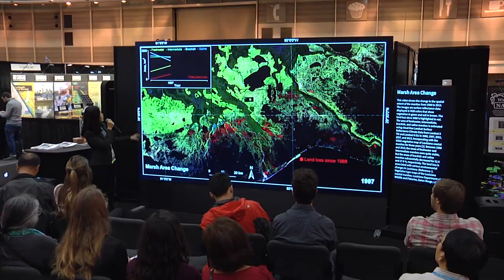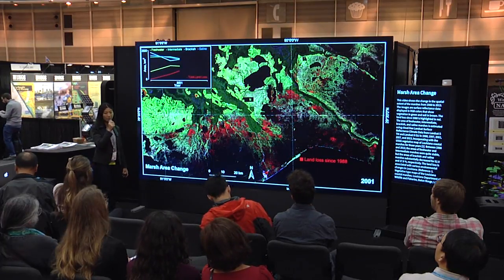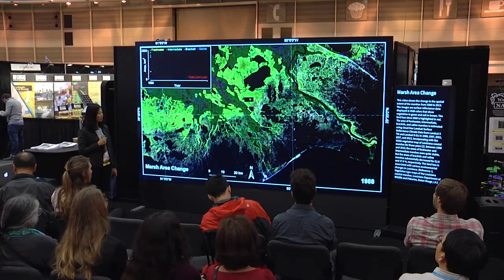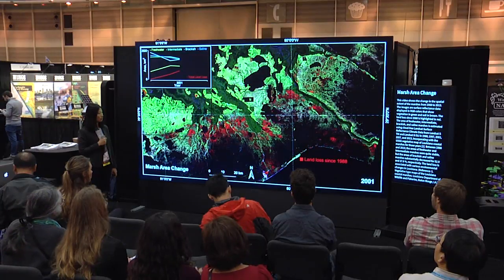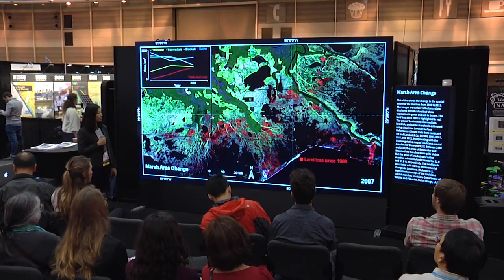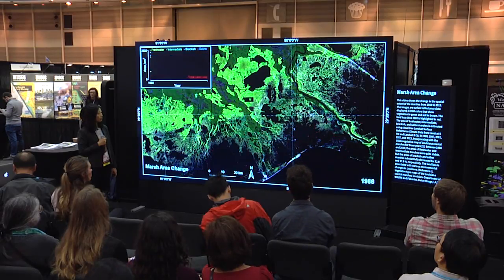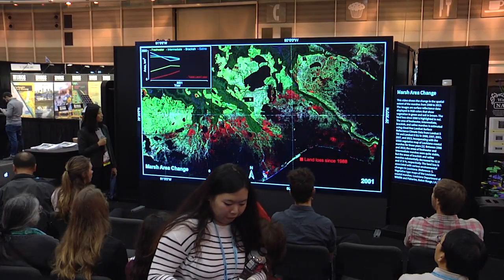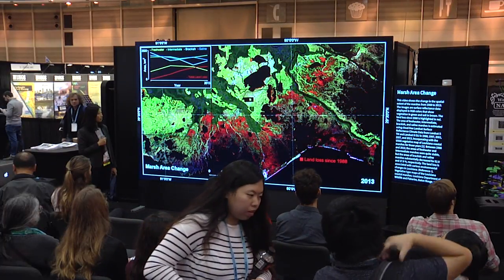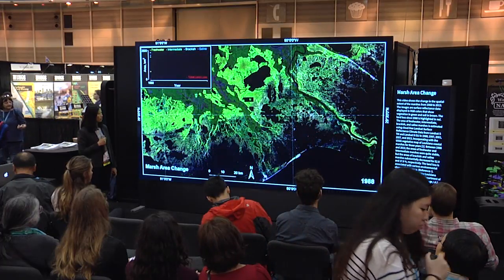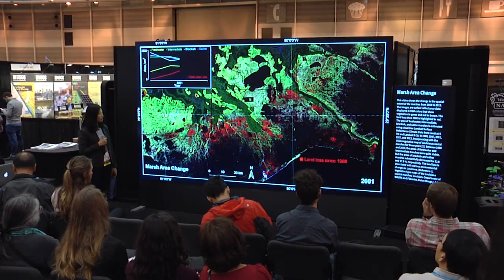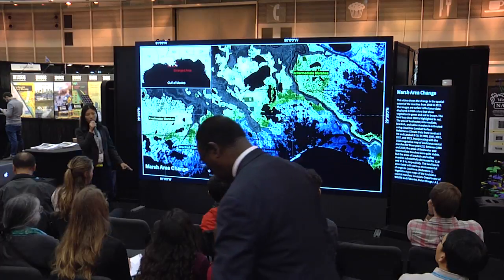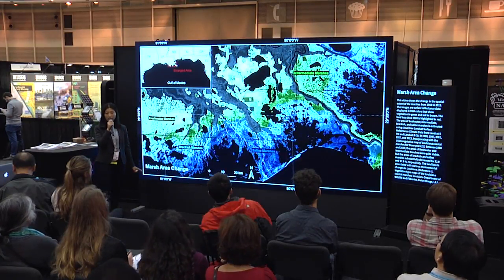The figure at the corner is showing the marsh area in square kilometers. So overall, the marsh area substantially decreased over the last 30 years.